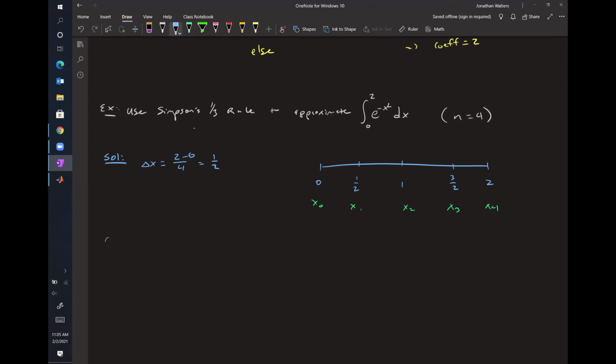So our integral from 0 to 2 of e to the negative x squared dx is approximately, I'm going to call it S4, which will be delta x over 3 times f of x0 plus 4f of x1 plus 2f of x2 plus 4f of x3 plus f of x4.